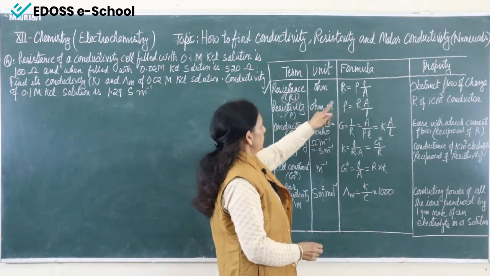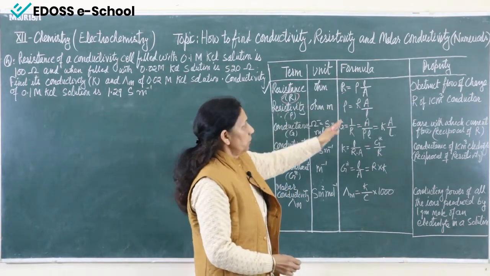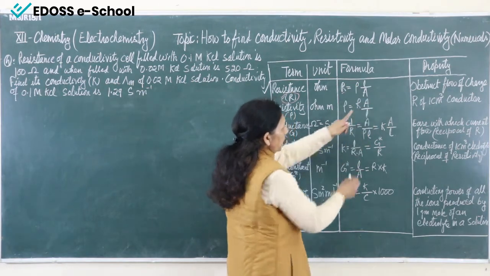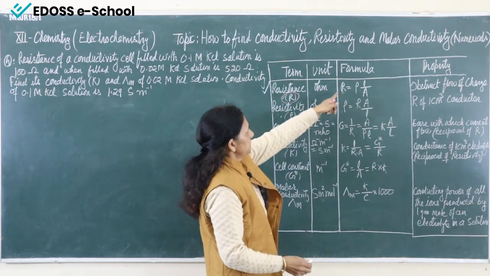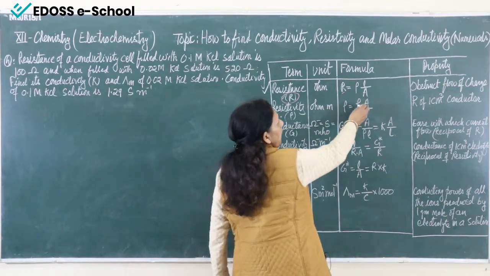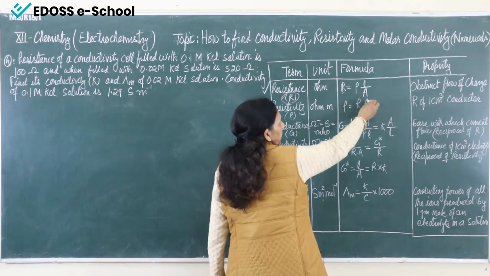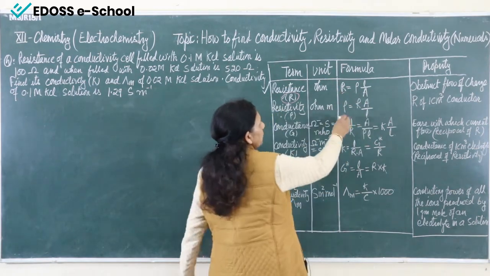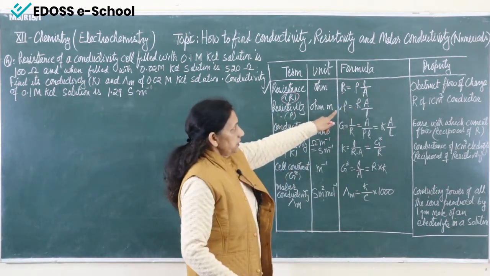What is the formula to find resistivity? Rho is equal to R A upon L. You can see this is the reciprocal form: R into A upon L. So from the formula of resistance we can get the formula for resistivity.